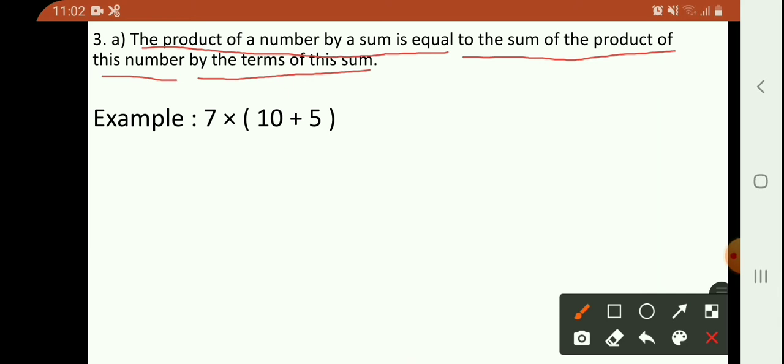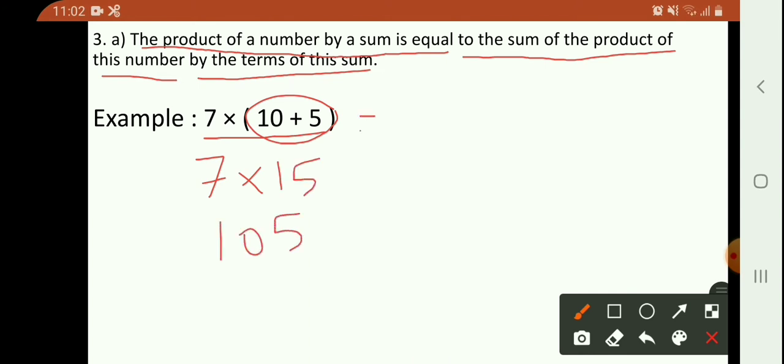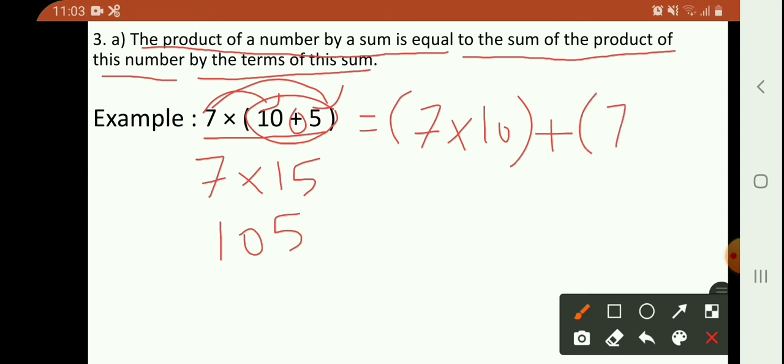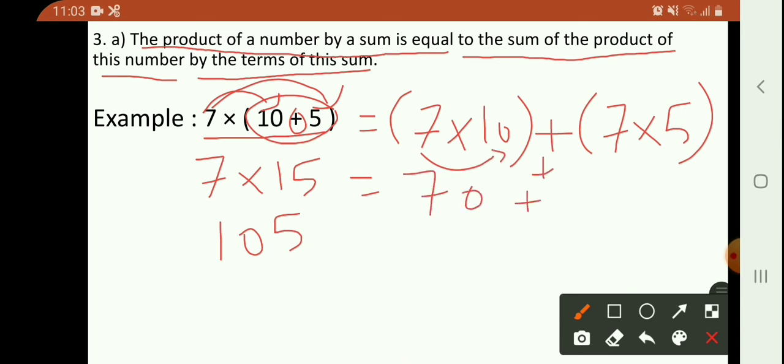Let's see an example. 7 times 10 plus 5. إذا ما نحسبها بشكل عادي 7 times 10 plus 5, 15 equal 105, or 7 times 10 عنا هون plus بنحطها هون 7 times 5 equal 7 times 10, 70, plus بننزلها 7 times 5, 35, equal 105.